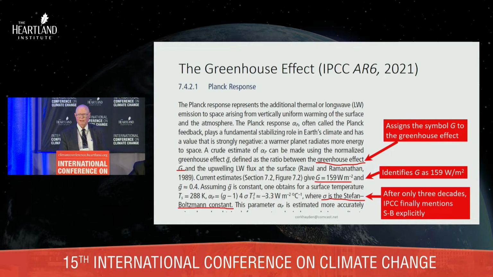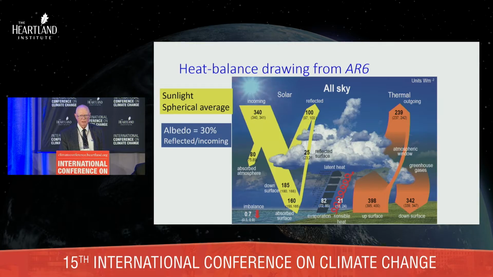We'll get back to that. You are going to see what the Stefan-Boltzmann equation is. But in any case, we're going to put that greenhouse effect in there where it belongs. It's 159 watts per square meter.